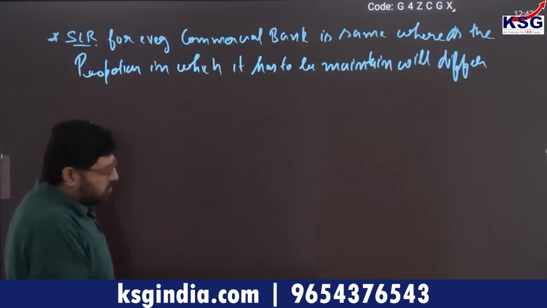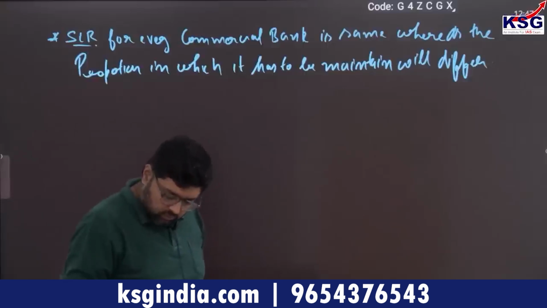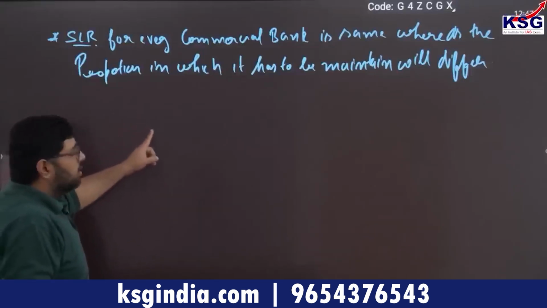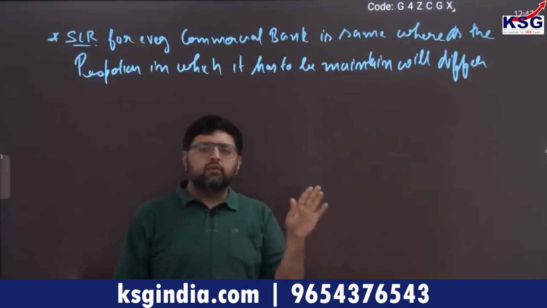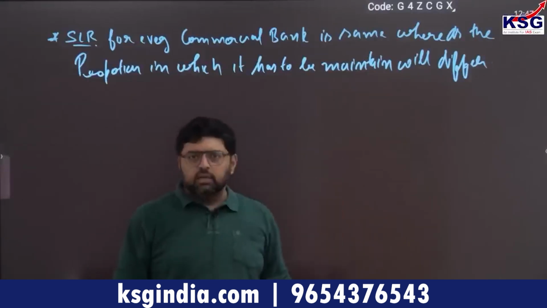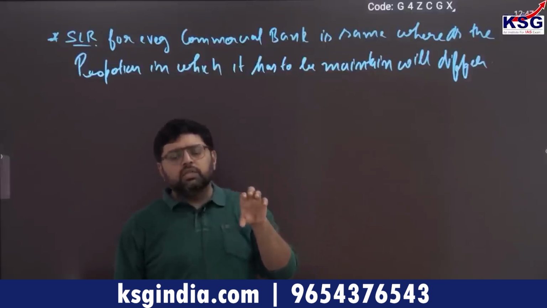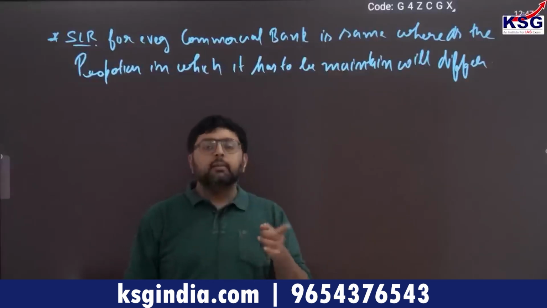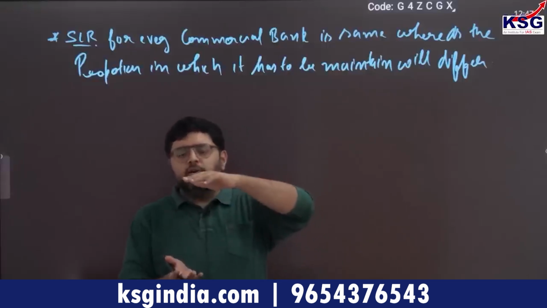Okay, so this is what you have to understand. Clear? So what I want to say is that SBI, PNB, ICICI all have to maintain SLR of 18% as per their deposit. Every bank will have a different deposit. So RBI wants you to maintain 18% of that as SLR, but you have to maintain it in three forms.